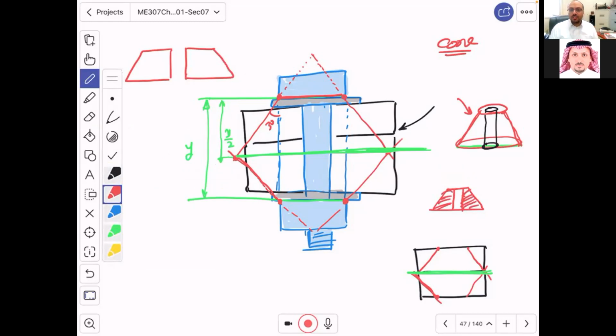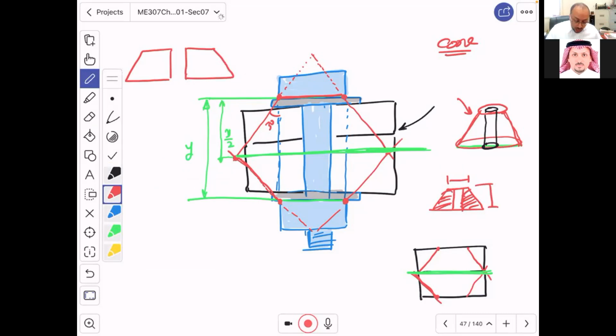Good. Now, it turns out, guys, that mathematically, this dimension, this one, this one, and the angle and the depth will determine the stiffness of the member, because this is where the clamping is happening. So the story goes like this.